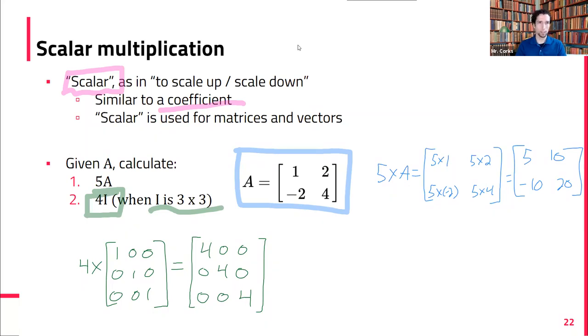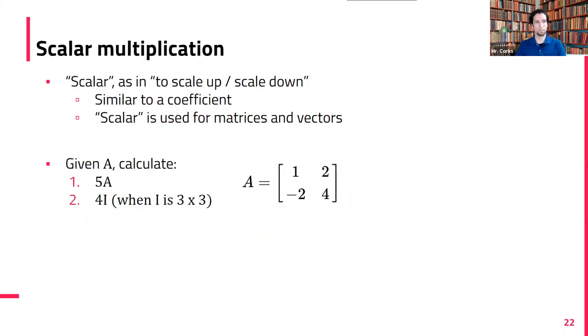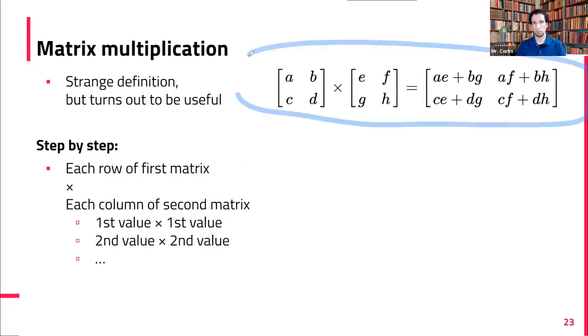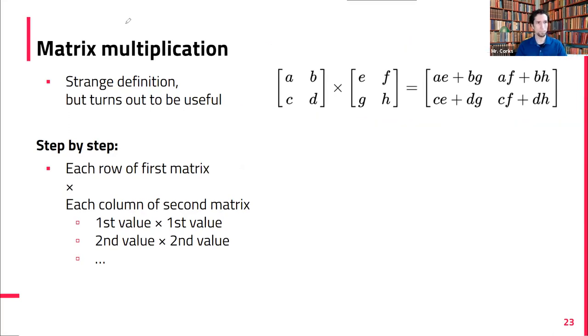All right, let's go on to the weird one, which is matrix multiplication. I have a definition of it here at the top. I'll explain exactly how we get to that.